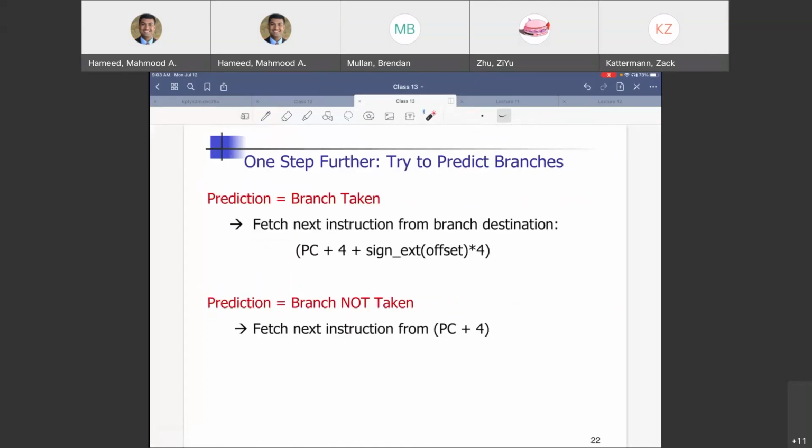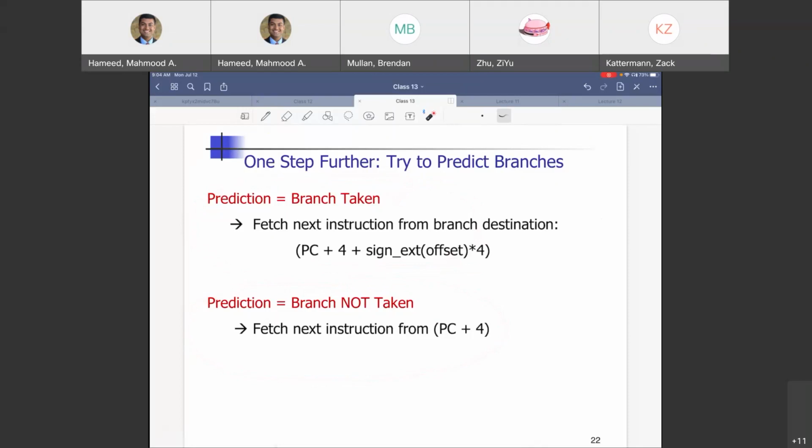So let's try to predict the branches. Let's say our prediction can happen one of 2 ways. You can say, I will predict that the branch is always taken, or you can predict that the branch is not taken. If you predict that the branch is taken, then the next instruction that you need to update your program counter with will be PC plus 4 plus sign-extended offset multiplied by 4.